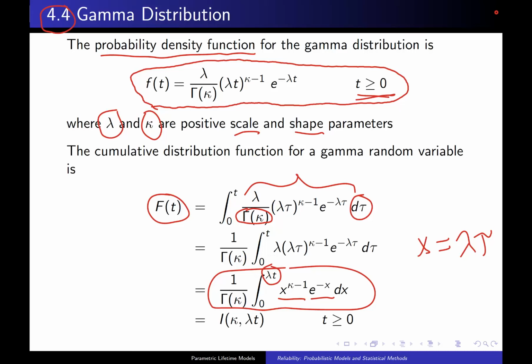And because of that, this is going to be an incomplete gamma function, and it is the incomplete gamma function evaluated at kappa and lambda t for all t greater than or equal to 0. So that is the cumulative distribution function, and of course if you take 1 minus that quantity, you will get the survivor function because the gamma distribution is a continuous distribution.